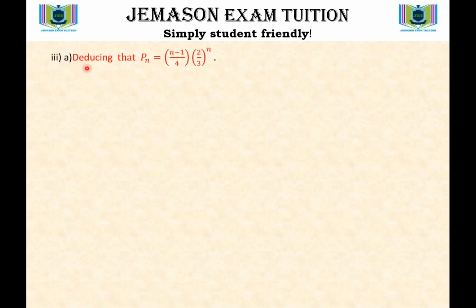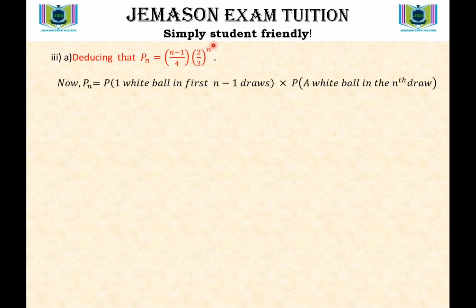Now, in the third part of the question, we are asked to deduce that P_n is equal to (n-1)/4 times (2/3)^n. We recall that P_n is equal to the probability of having a white ball in the first n-1 draws times the probability of having a white ball in the nth draw.